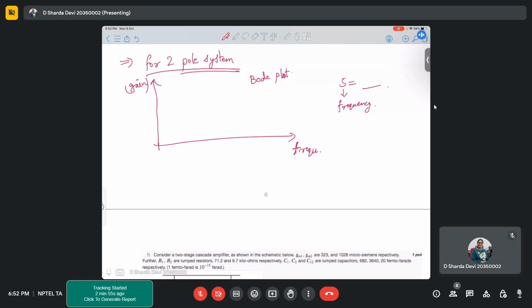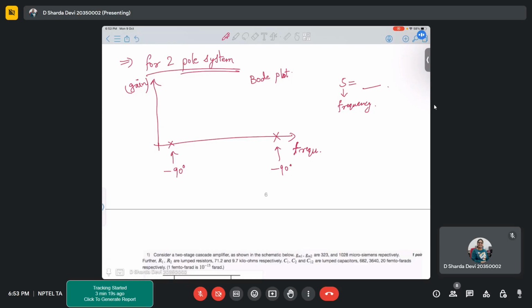One pole is here, another pole is very far away. Then the chances are that this pole can give you minus 90 degrees and this pole can give you minus 90 degrees, such that they are not interfering with each other.